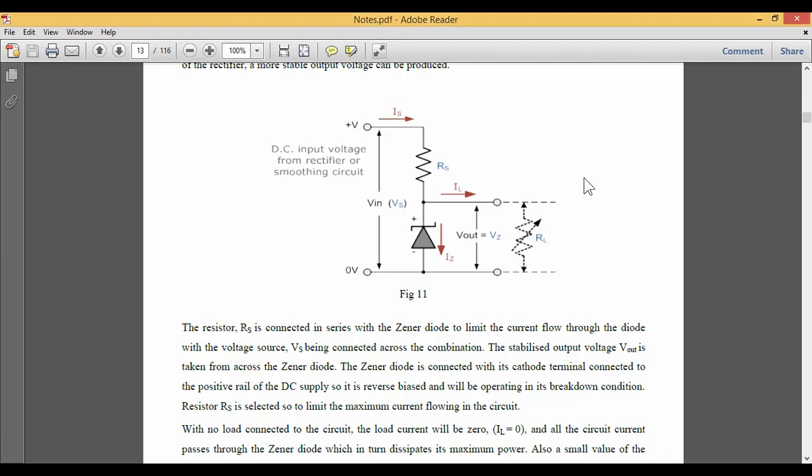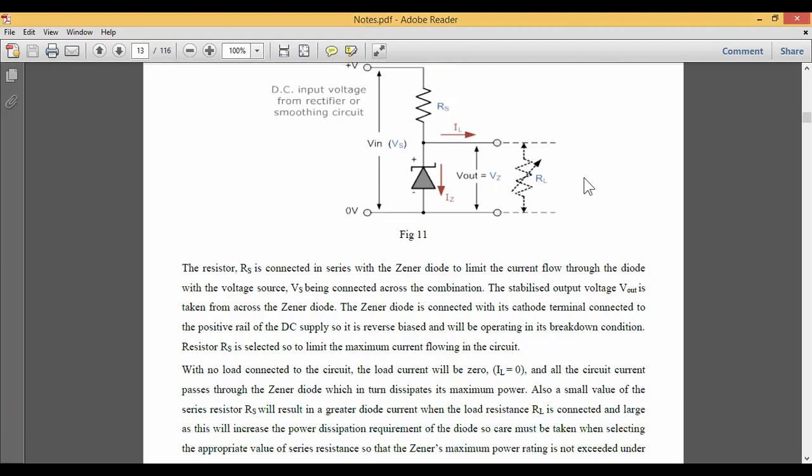Now, with no load connected to the circuit, you can consider some case studies for this Zener diode. For example, if you are not connecting any load to the circuit, no load means RL is equal to 0, so IL will be equal to 0. No current flows through the load, and all the circuit current passes through the Zener diode, which dissipates its maximum power.